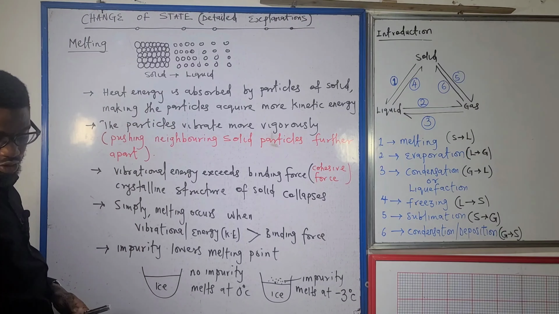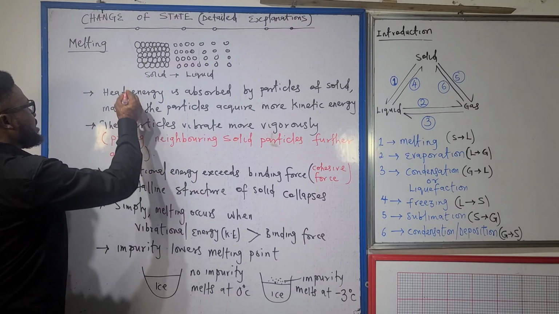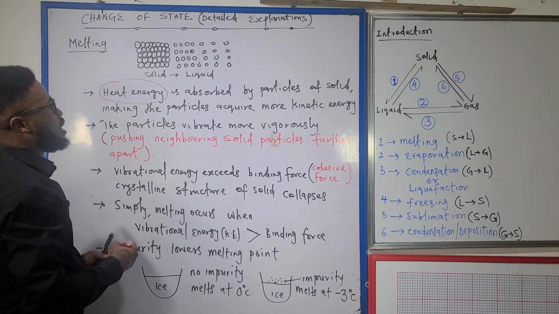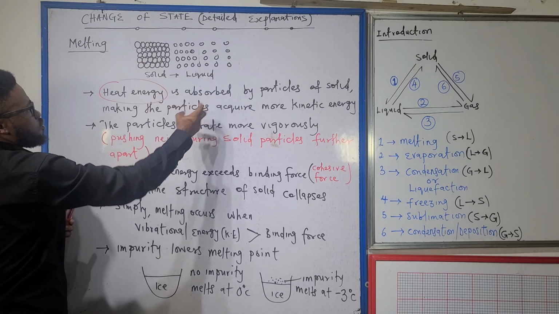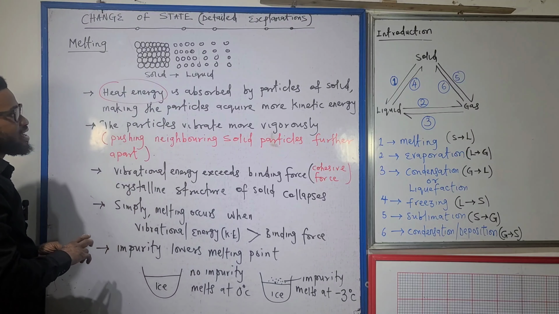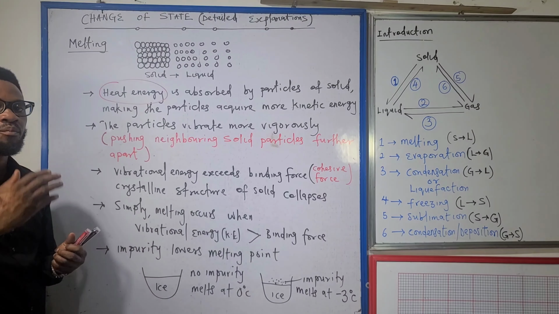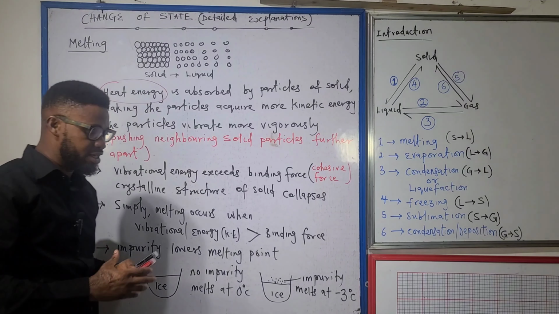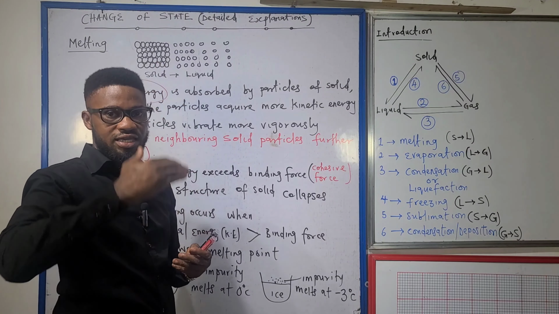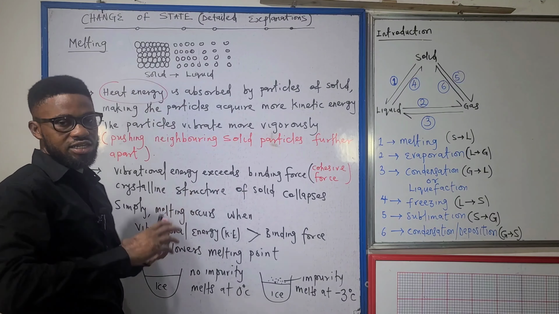This is by addition of heat. When heat is added to solid particles, the particles of solid absorb the heat energy, making the particles of the solid acquire more kinetic energy. We have solid and then we heat. The heat energy is going to where?